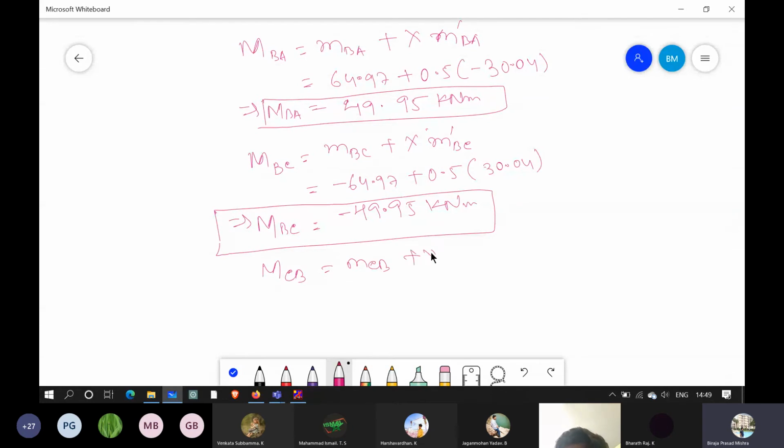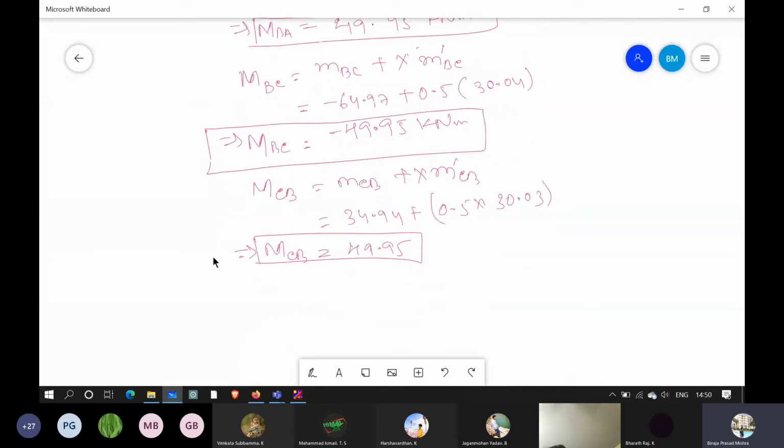So this is 34.94 plus 0.5 into 30.03. This implies MCB equals 49.95.